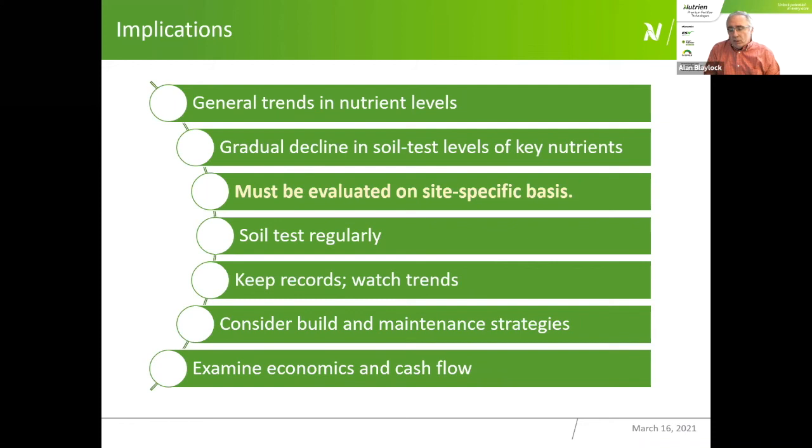And so maybe this is the year where cash flow may allow farmers to take some steps to rebuild some of these soils that maybe need some additional application. So examine each case specifically in terms of cash flow and the spreading that cost over a period of time, or getting on a maintenance schedule. And many of our universities have build and maintenance strategies or schedules for those recommendations.